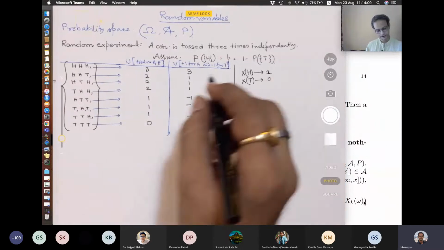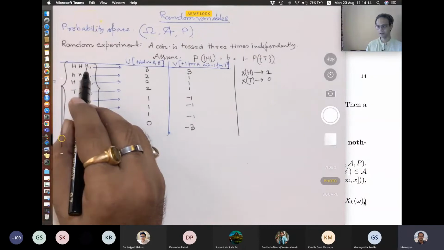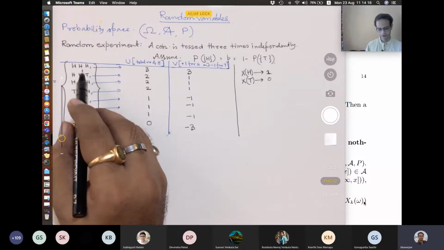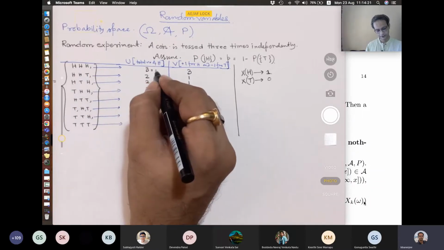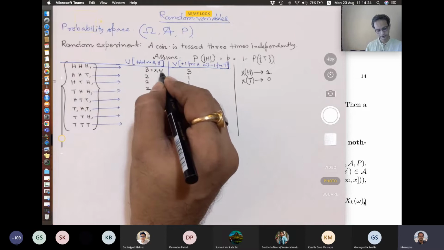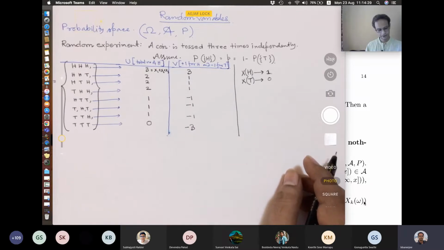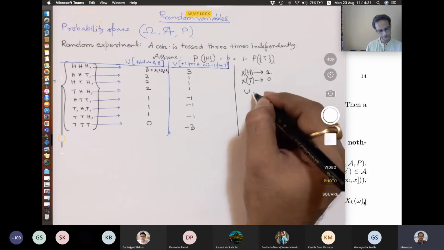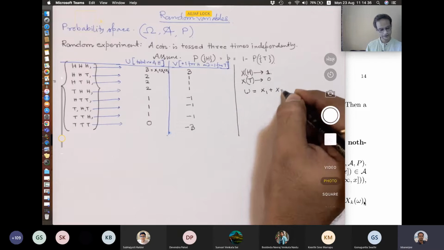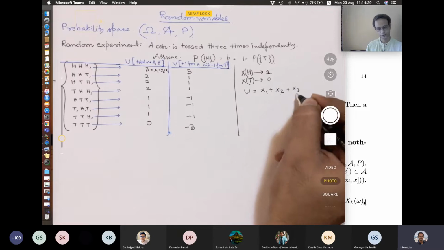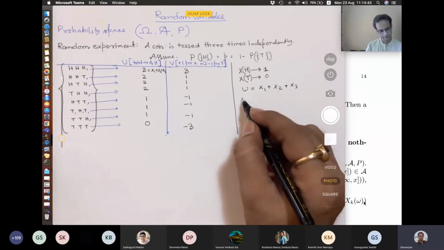So here I can say that I have tossed 3 times, and 3 times I am checking, as you do counting, yes or no type. Then this is nothing but 3 replicates, X1, X2, X3. Formally we can define U equals X1, the outcome of the first toss, plus X2, the outcome of the second toss, plus X3. So this is how we got U.